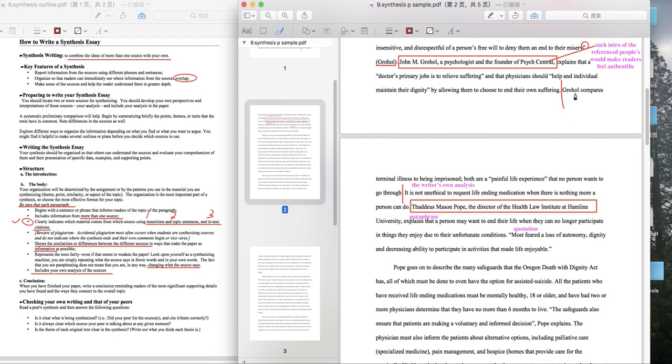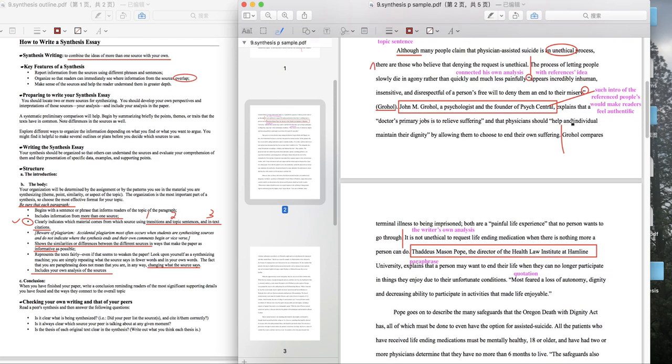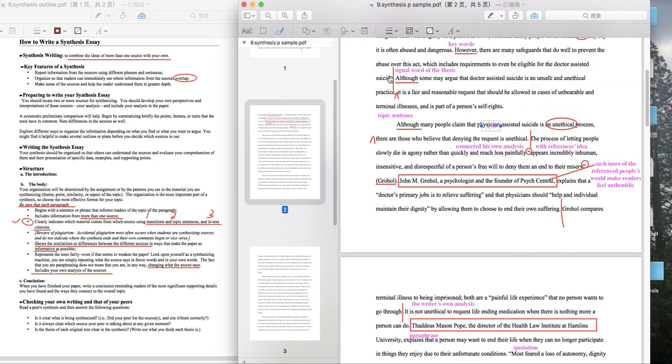So let us turn back to this one. This is also a paraphrase, I think. Or you could say a summary of the person's ideas.